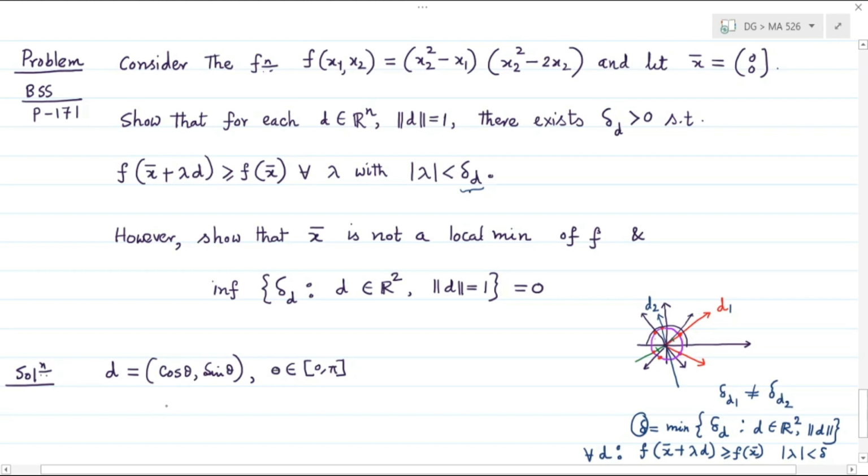Then all the directions are visited, because you are visiting the positive and negative directions due to lambda being negative as well as positive.